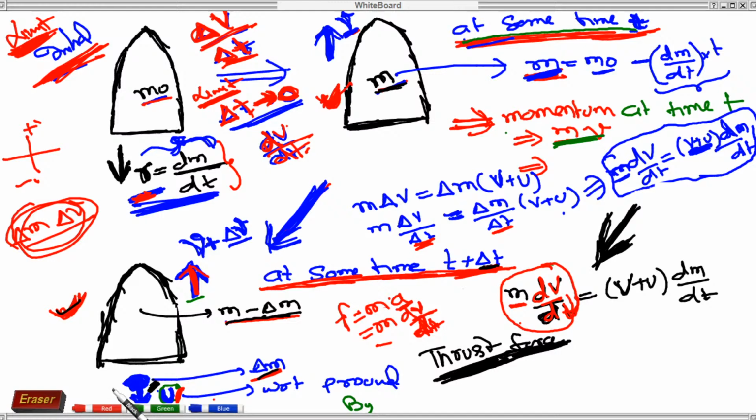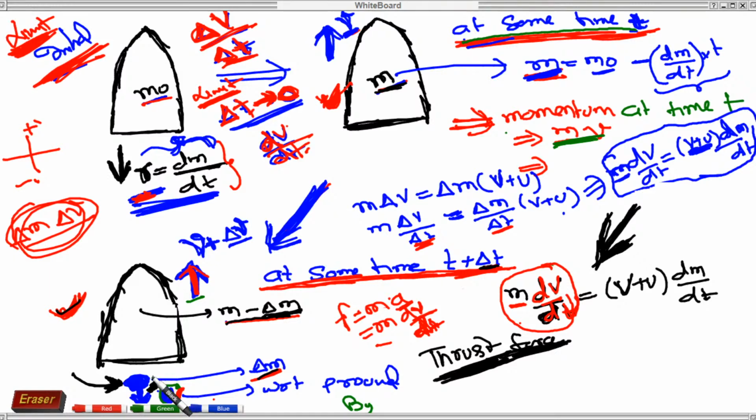You are getting it or not? Here delta m mass is leaving the system.